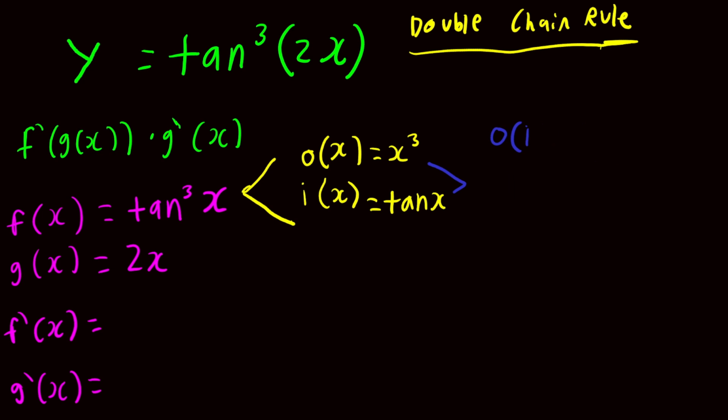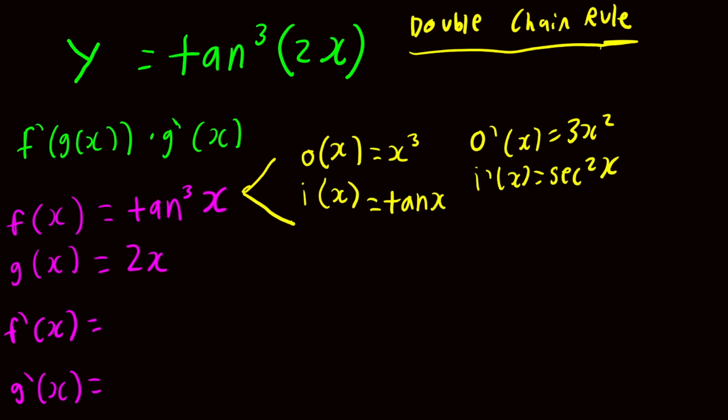Okay. Now that we have that total, we're just going to do a chain rule inside of a chain rule. So we're going to find O prime of x. It's the same exact steps, 3x squared, and then I prime of x, which is just secant squared x. You need to memorize those trig derivatives. Now we put it into our big recipe.